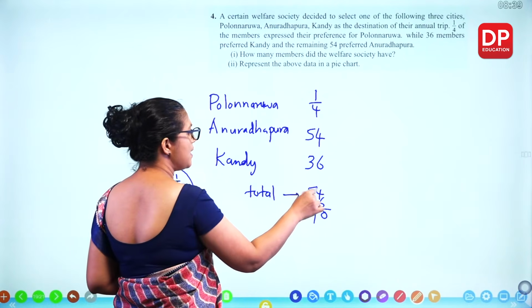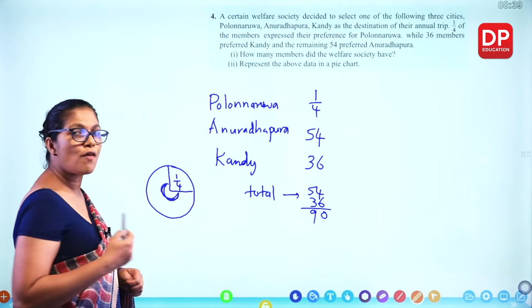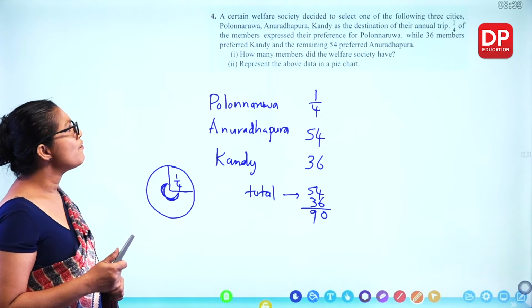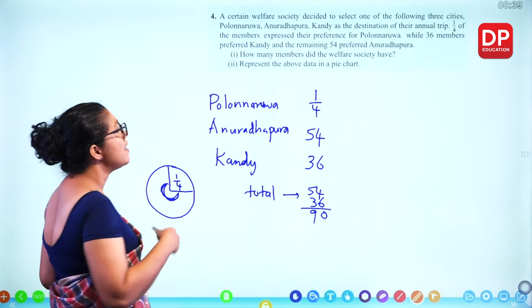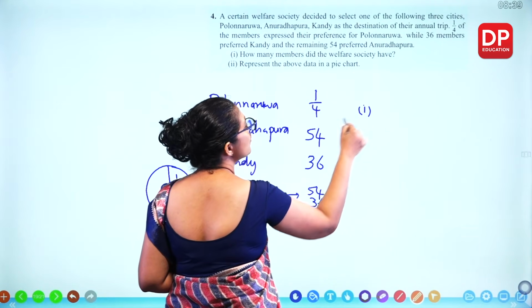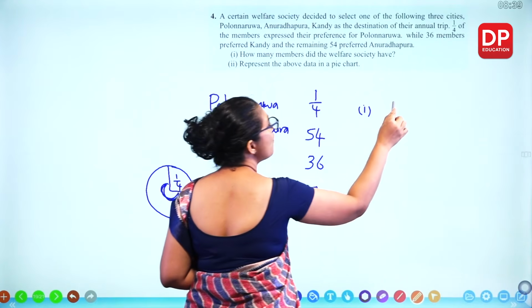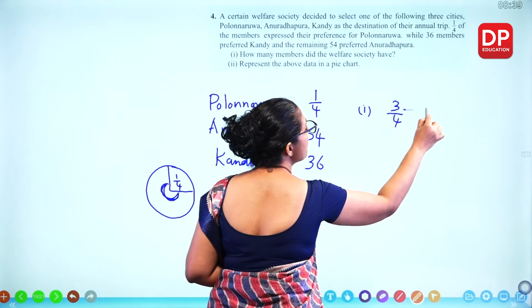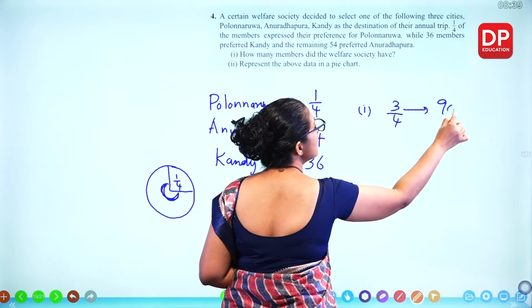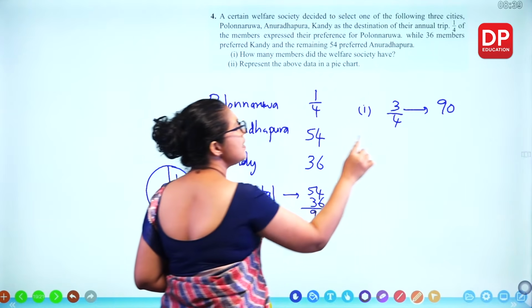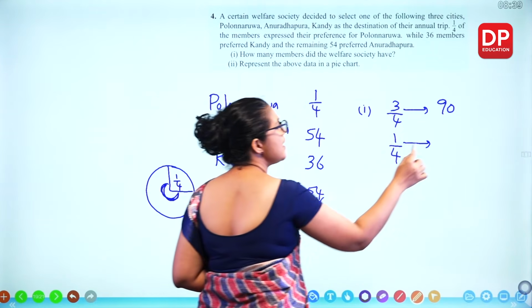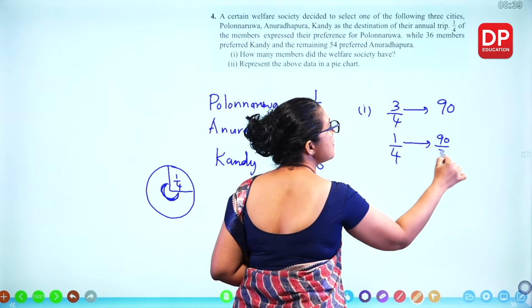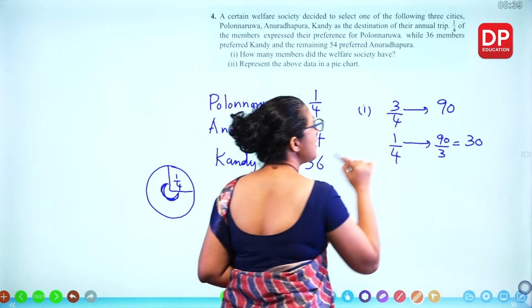So 90 means 3/4 of a circle. So we want to find out how many members did the welfare society have. That means total number. So you can write 3/4 represent 90. So what about one part? That means you divide by 3. 90 divided by 3, that means 30 people.